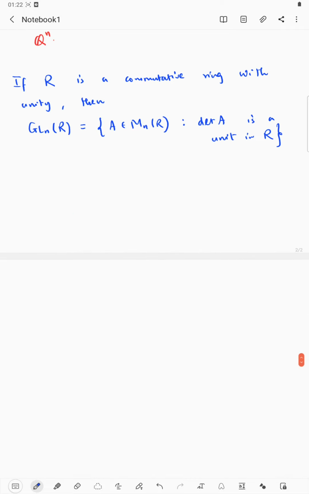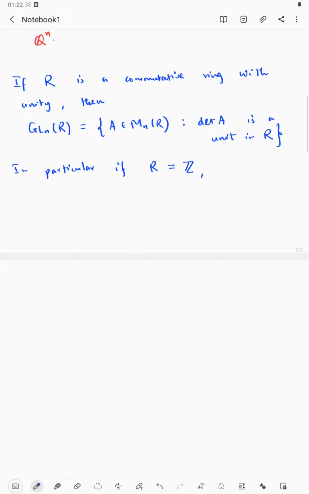In particular, if R is equal to Z, it is a commutative ring with unity 1.